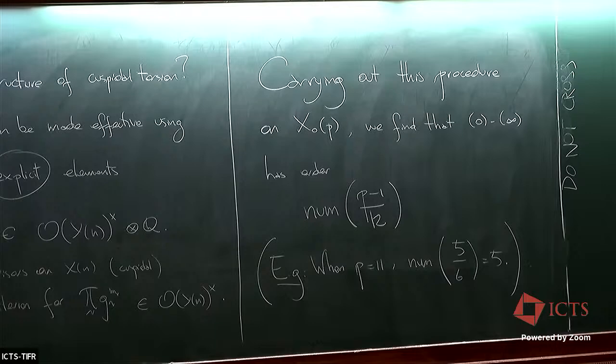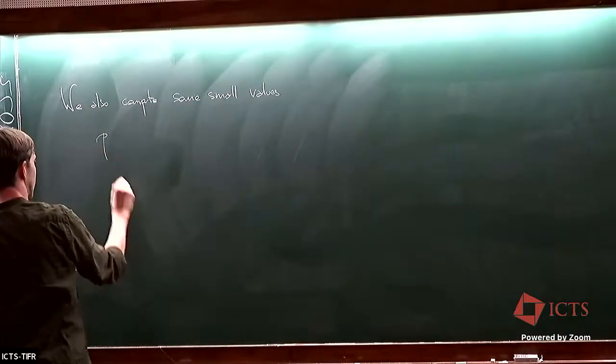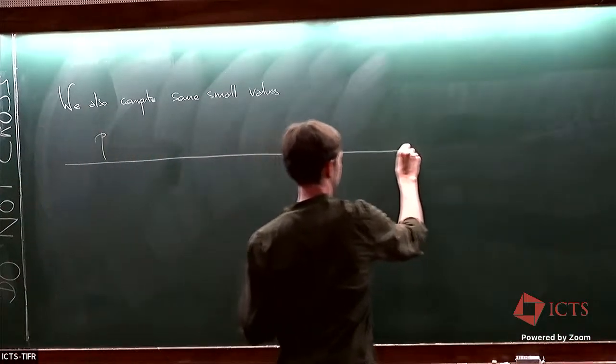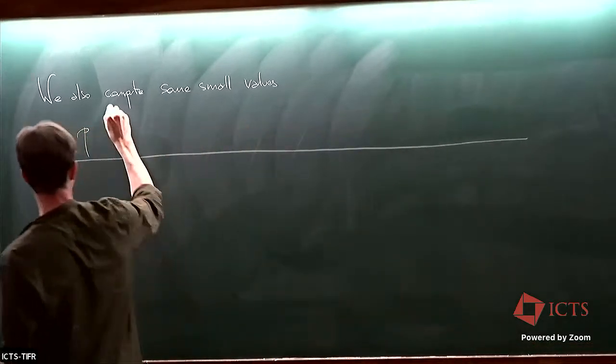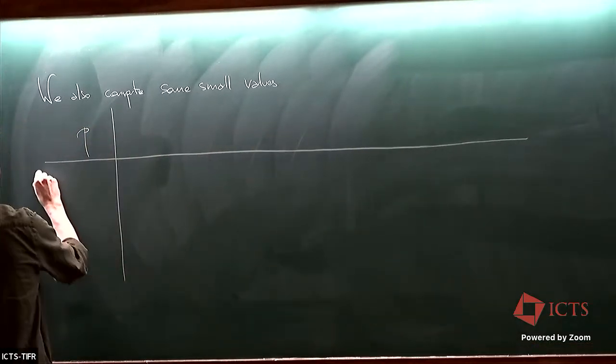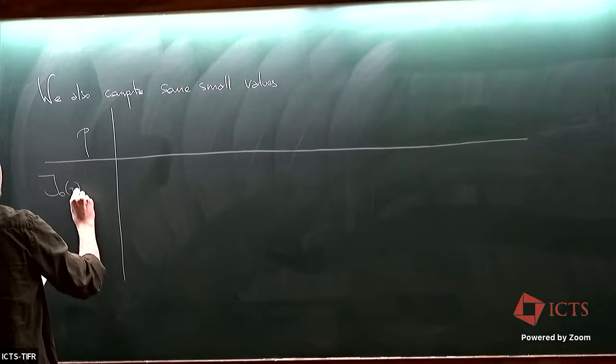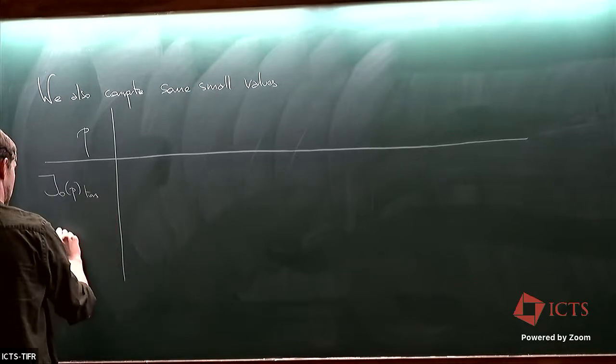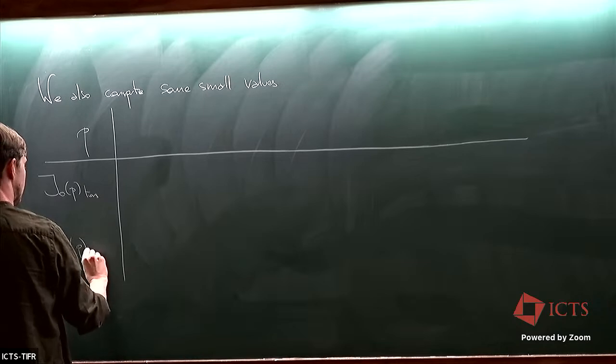Some small values of the torsion. Well, my table will have primes p going along here. And then I will look both at the torsion of J0(p) and the torsion of J1(p).